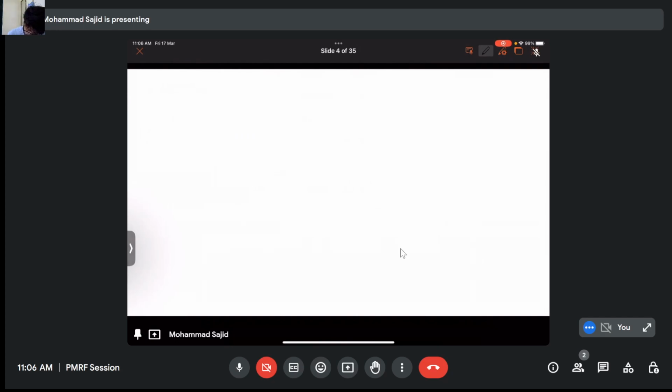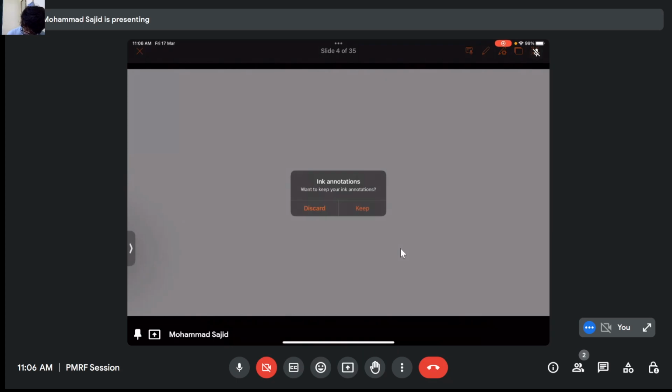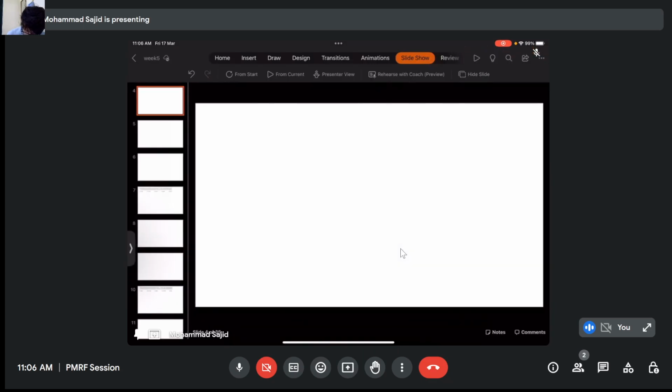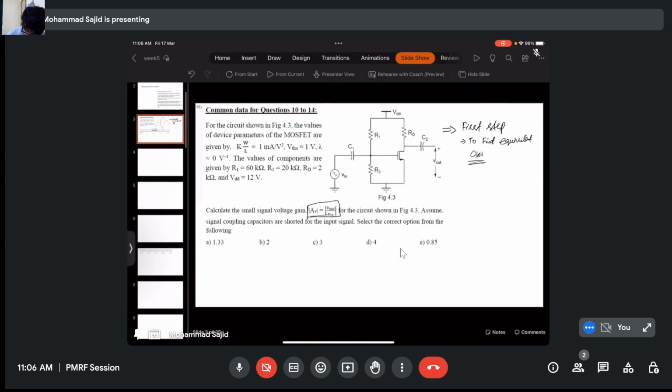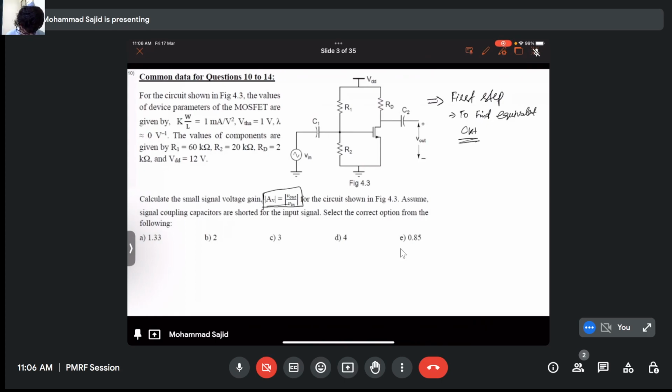And what do we do in the equivalent circuit? Always, what we do is we short the capacitor and ground the DC, right?